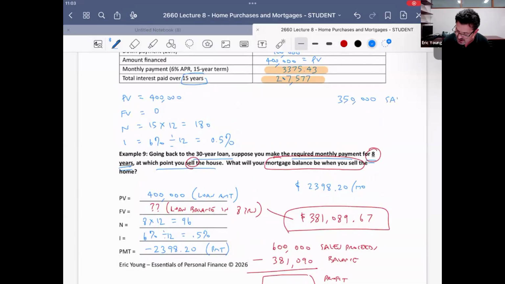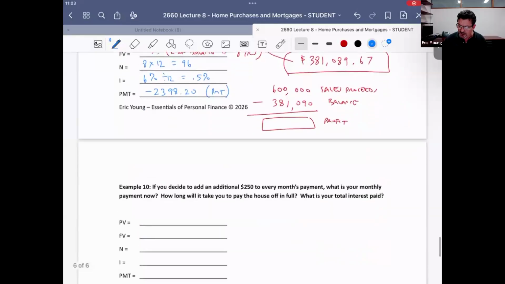Well, if you sell the house for 350,000, but you still owe 381,090 as your loan balance, well, you subtract that, and you, my friend, have a negative number which you still owe in addition. We call this being underwater. Not so bueno for you, okay? So that's how we use the future value.